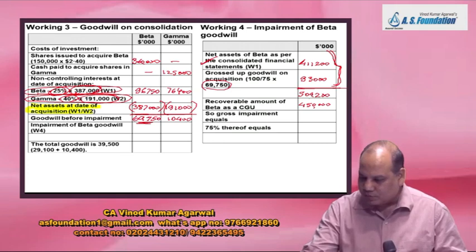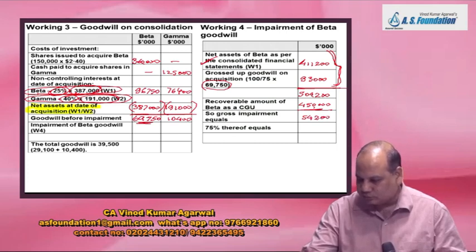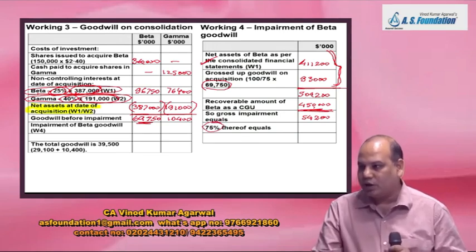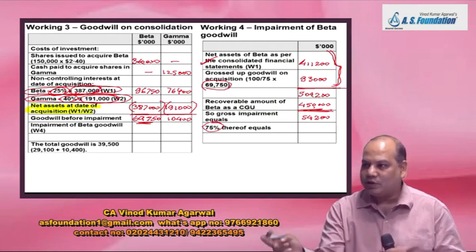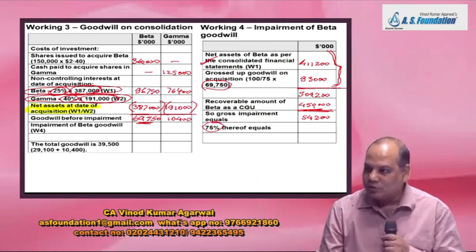So gross impairment loss is 54,200. But out of that, now we'll again take 75% only, our share. NCI share we will not allocate to NCI because NCI does not include goodwill.